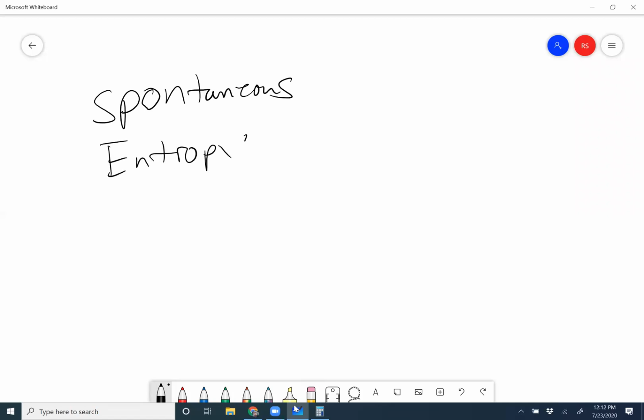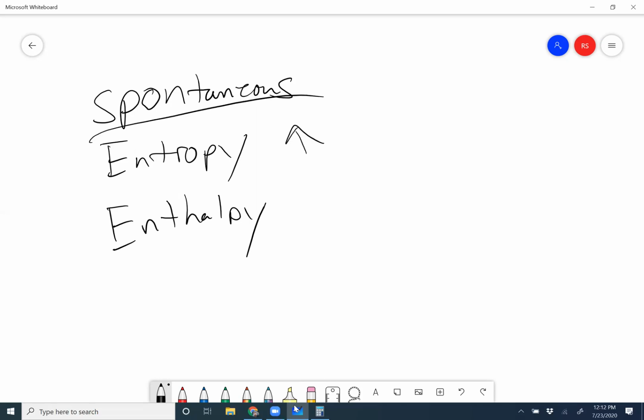I just wanted you to know the term spontaneous. I wanted you to know the term entropy. And then we talked about enthalpy, but enthalpy was the stuff we already talked about when it comes to H. So a spontaneous reaction occurs if your entropy goes up and your enthalpy goes down. Just how that works.